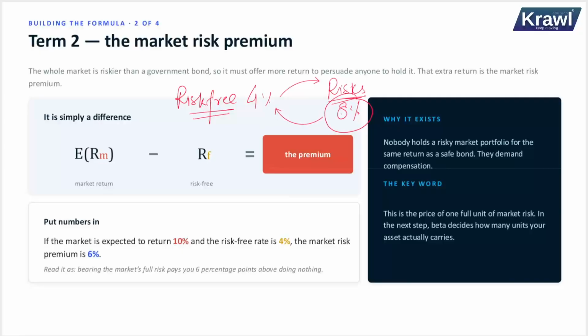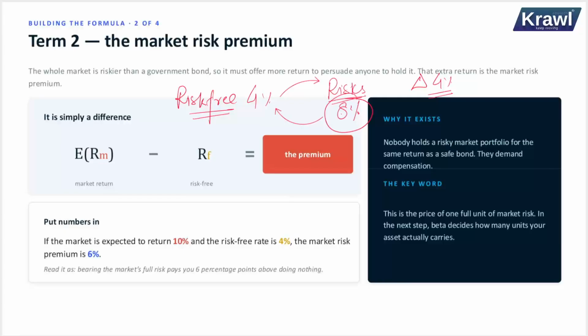So 8% minus 4%, this delta of 4% is your risk premium. Or you could take any example, and these numbers are not going to remain constant, depending on the geography where you're operating. If it is in the US or in the Asian markets, this market risk premium is going to vary.